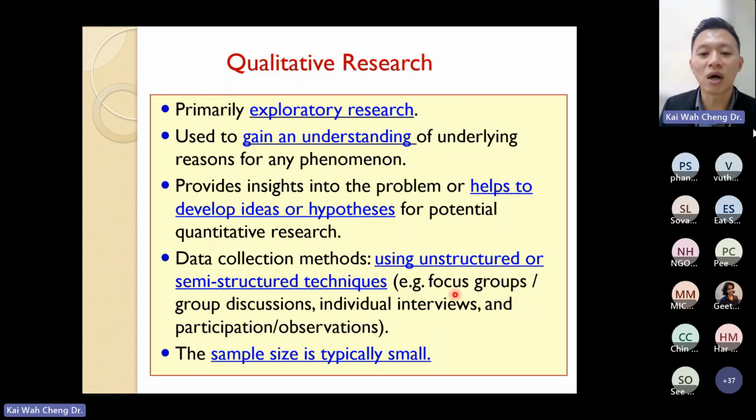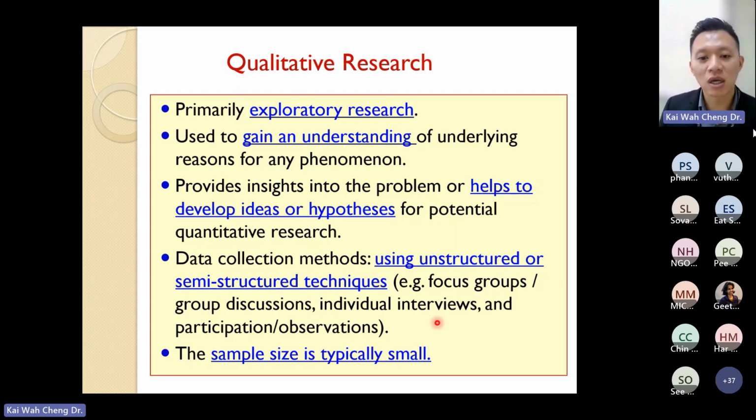So that is what we call focus group discussion. And if you want to have an in-depth understanding of a certain scenario, maybe we can conduct a one-to-one interview with an expert in that field. So that is the example of an individual interview.